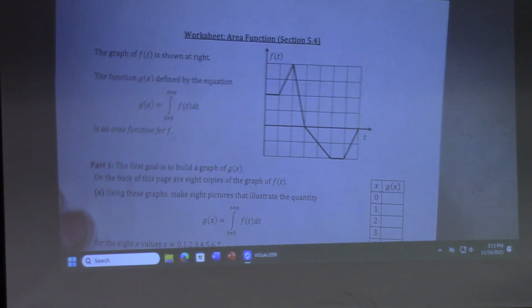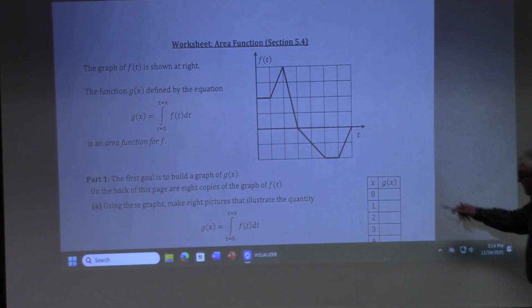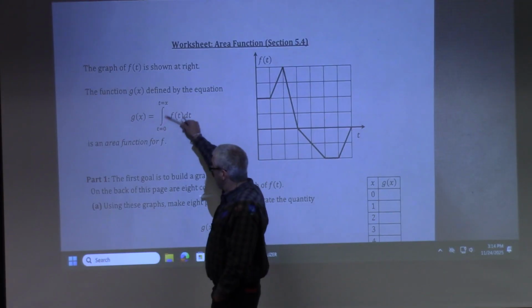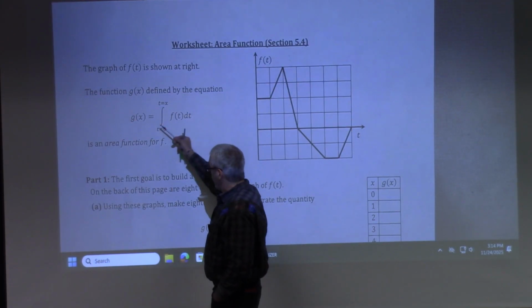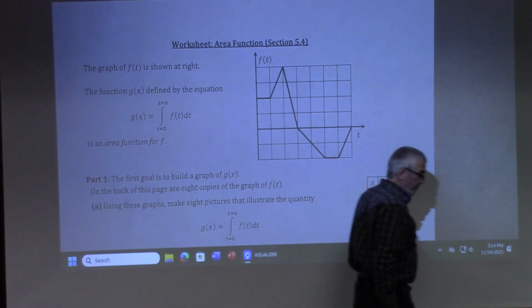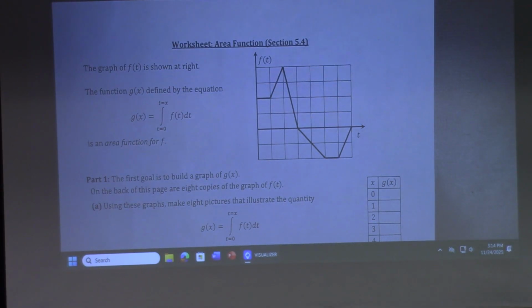So we've got a function f of t here, and we've got a function g of x that's defined this way. So g of x is an area function for f. So we have a graph of f, but we don't have a graph of g.